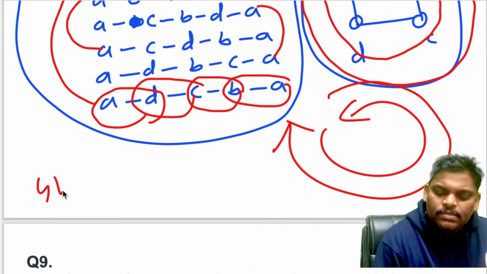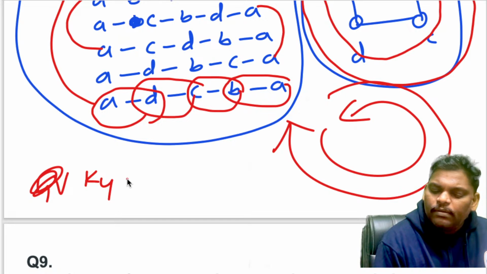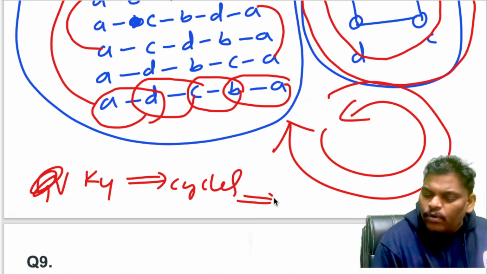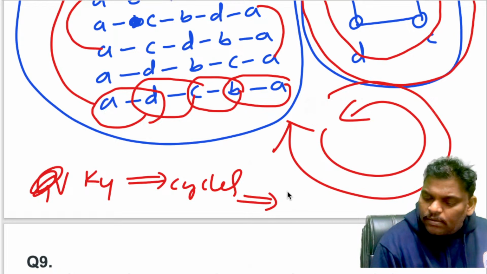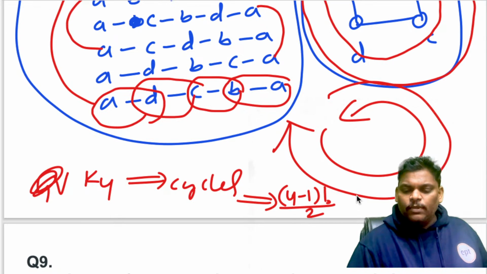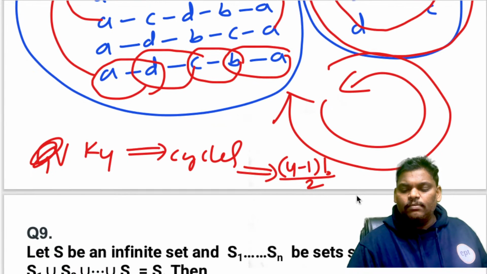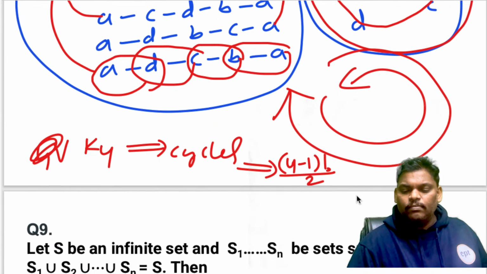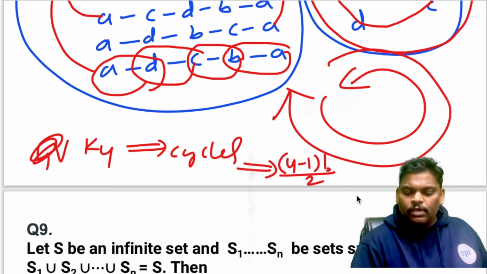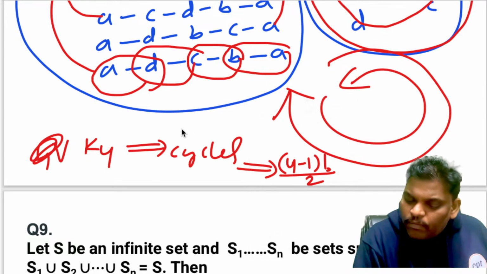4 vertices, that is K4. How many cycles does K4 contain? 4 minus 1 factorial by 2. K4 contains how many 4 length cycles?